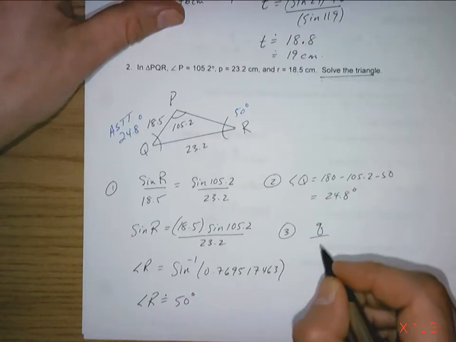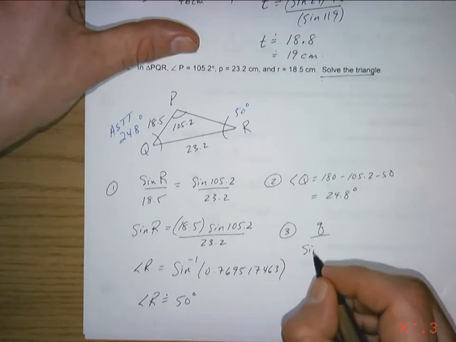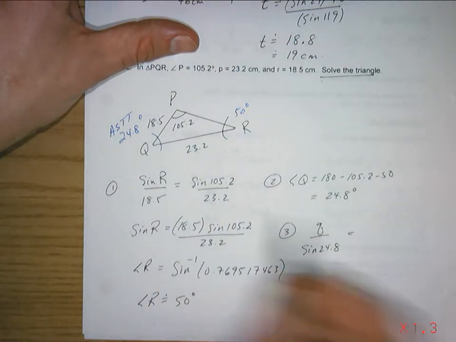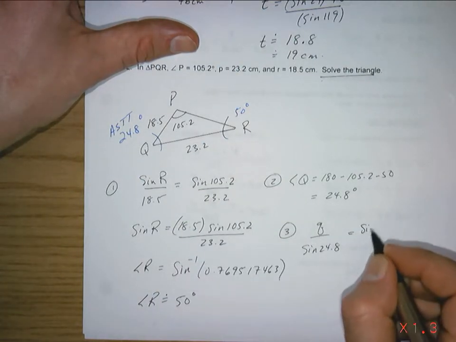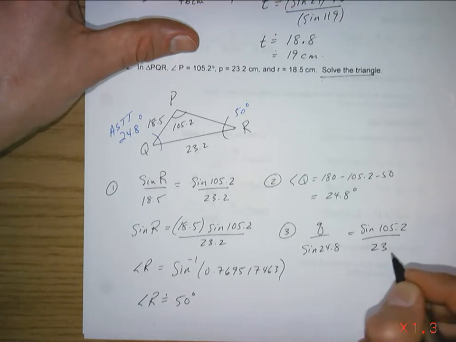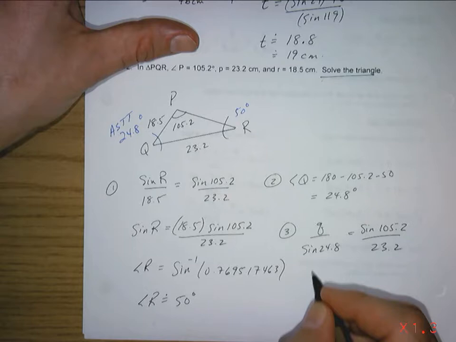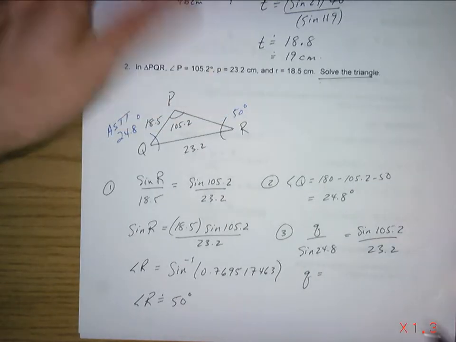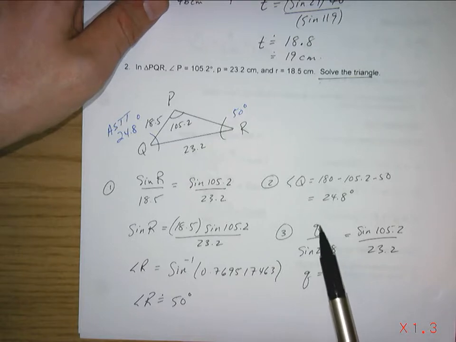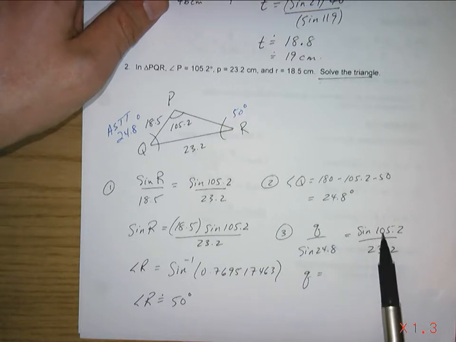So little q over the sine of 24.8. And I can use either of the other ones I want. But I'm going to use this one again because it's nice and it's handy. Over top of 23.2. Q is going to equal... Oop, there's definitely something wrong here. I can tell there's something wrong because I've got Q over sine and then I've got sine on top here.